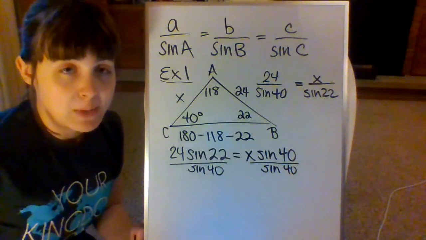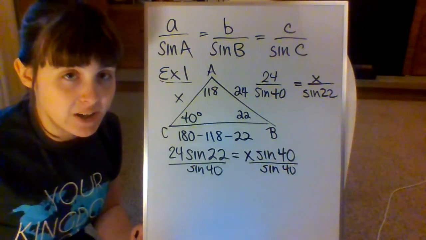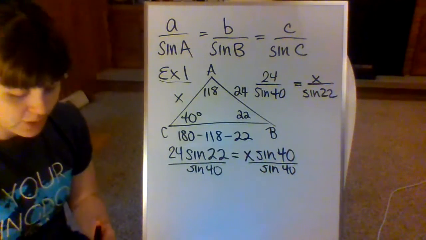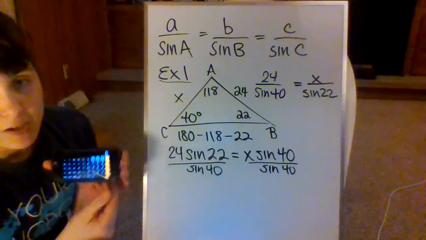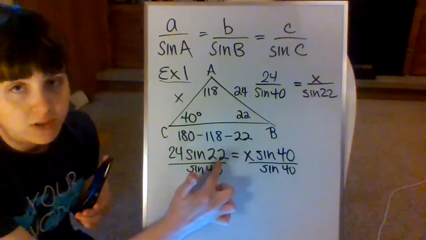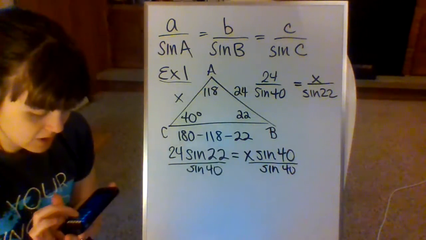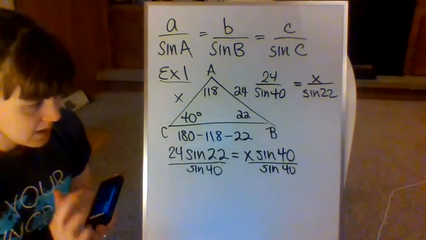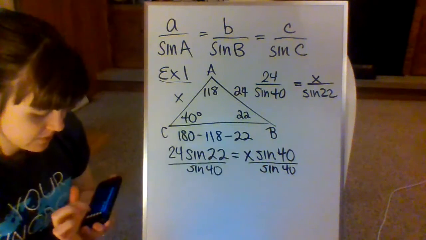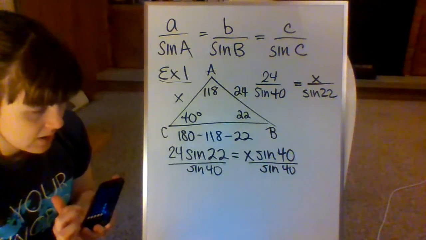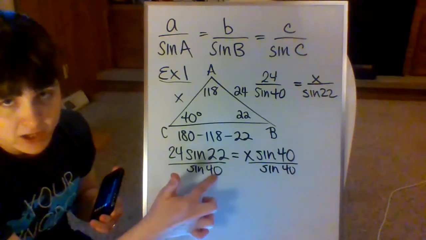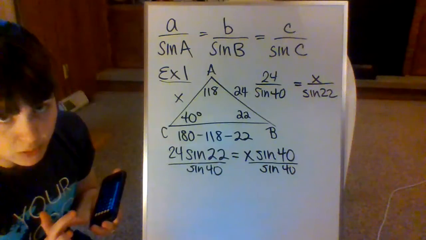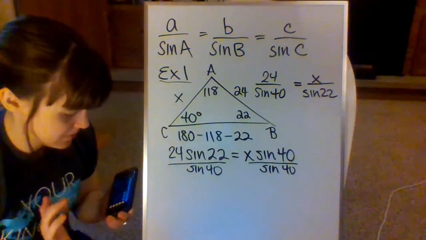Now I'm going to teach you how to type all this into your calculator so that you get the correct answer. If you've got your phone calculator, first we're going to do 22, then we're going to press sine, then times 24, divided by 40 sine. And then you press equals. Don't press equals till the very end.